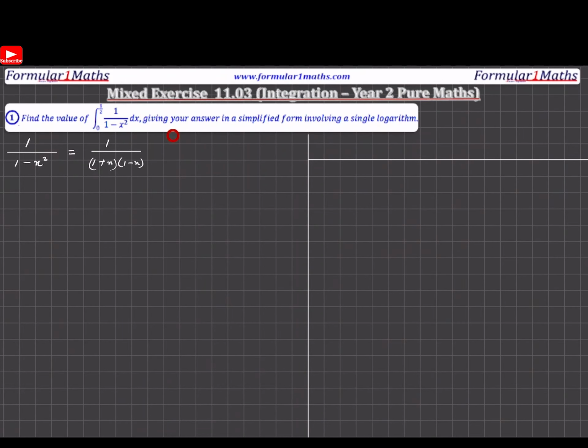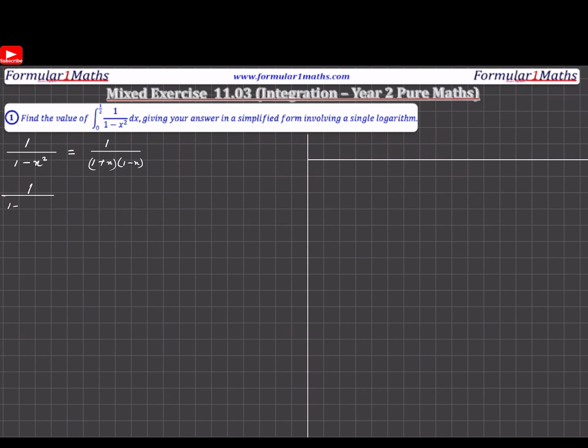So resolving this, we can write 1 over 1 plus x, 1 minus x is equal to a over 1 plus x plus b over 1 minus x.